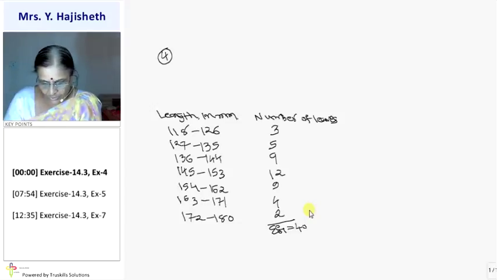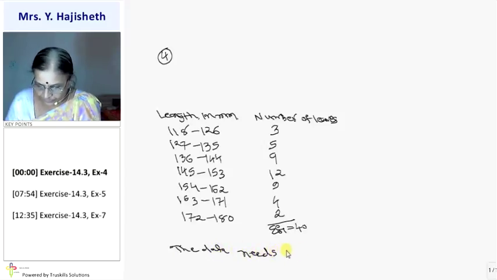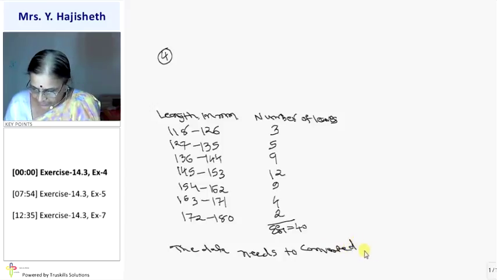So the data, you observe here, needs to be converted to continuous classes.